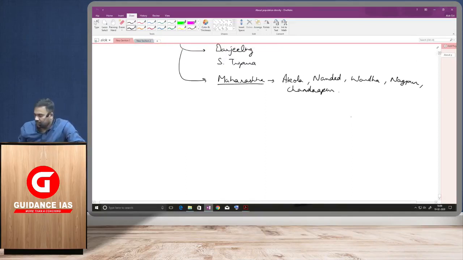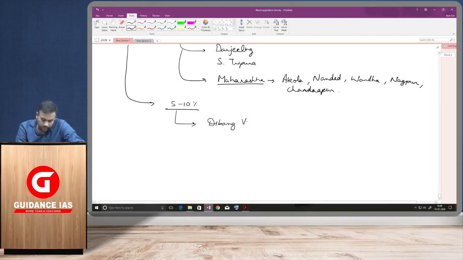Then there were some areas where the concentration was between 5 to 10%. And if you look in the north, it was Dibang Valley and North Tripura.